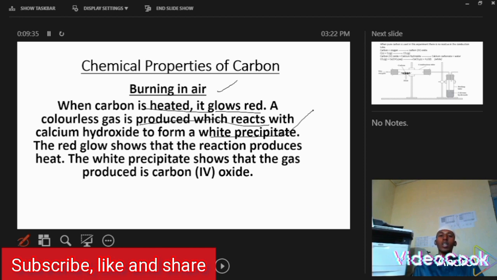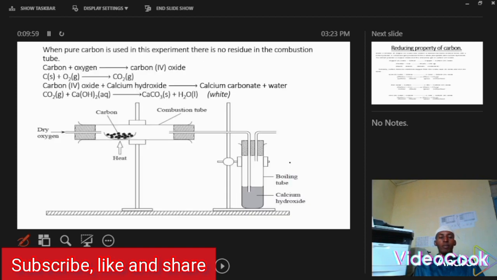Another name for calcium hydroxide solution is lime water. So carbon dioxide gas forms a white precipitate with lime water. The red glow shows that the reaction produced heat. The reaction is exothermic. The white precipitate shows that the gas produced is carbon dioxide gas.